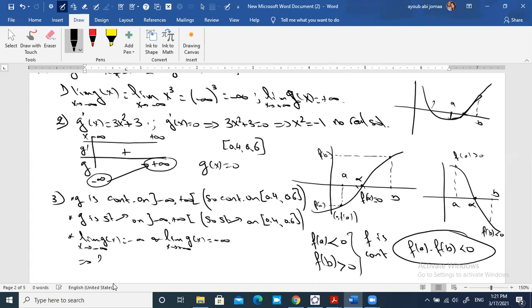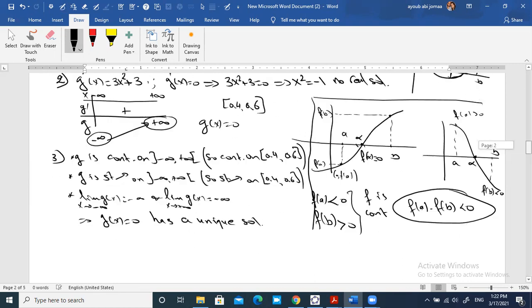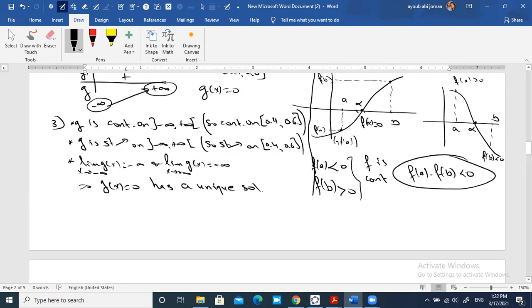This means that the equation g of x equals 0 has a unique solution. A unique solution. We have one solution. Going from negative infinity to positive infinity, there is only one. It has one solution only. Of course this isn't specific to what we're discussing or to the solution. So we have one solution.